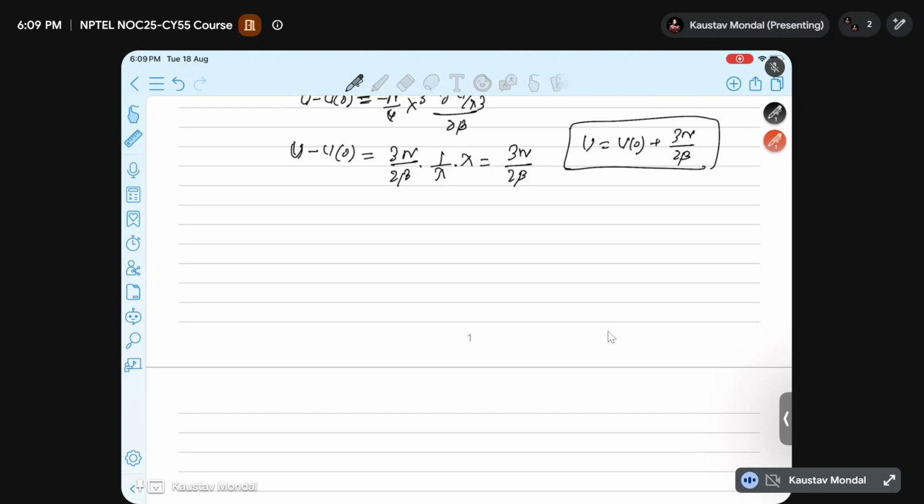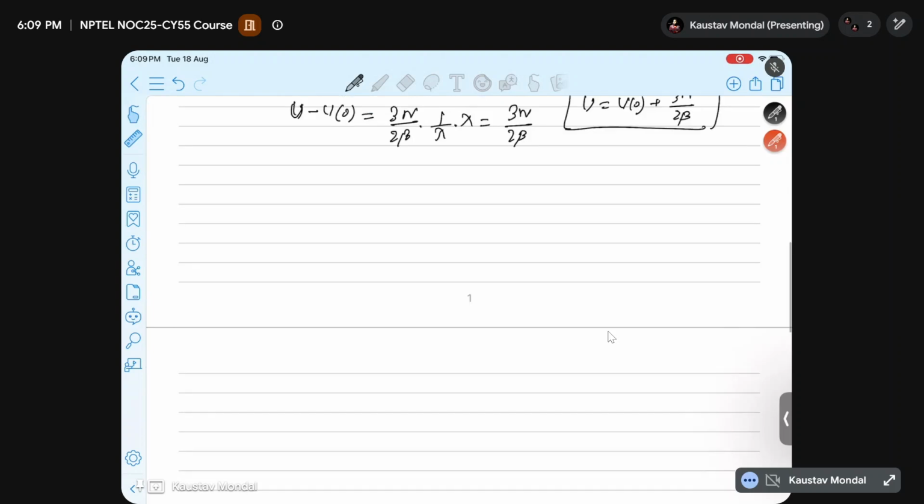And for the case of an ideal gas, this 3N by 2 beta can be written as 3 by 2 kBT into n. And you know n is nothing but a mole into Na.